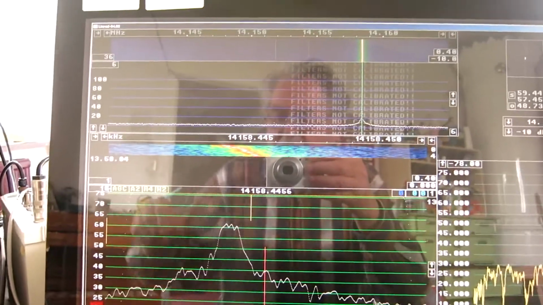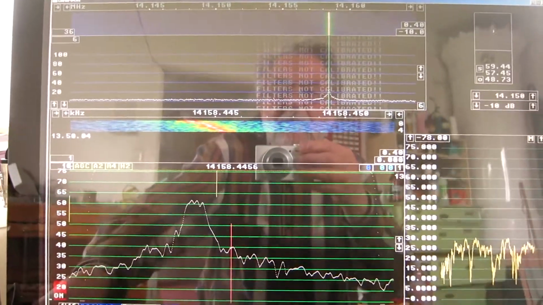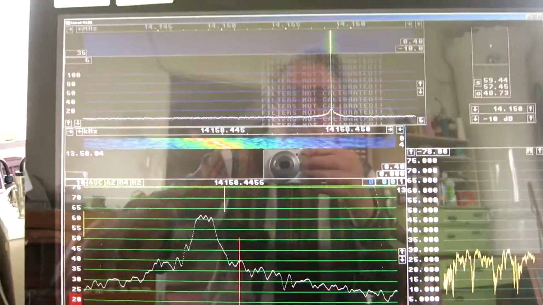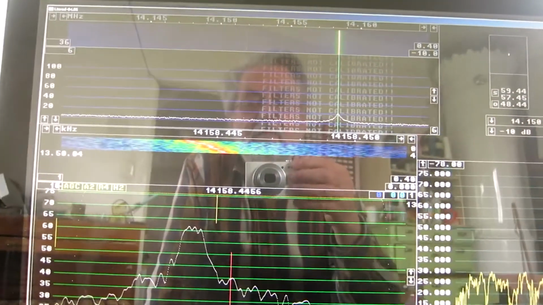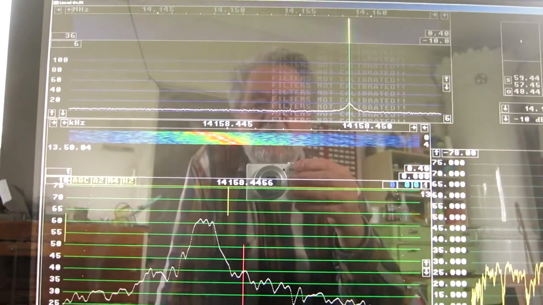I now remove the feedback, disconnect like that, to see what happens to the noise.